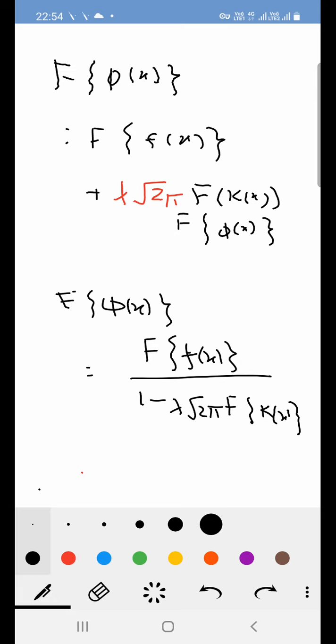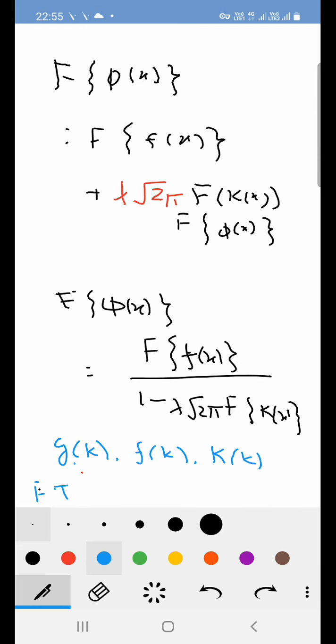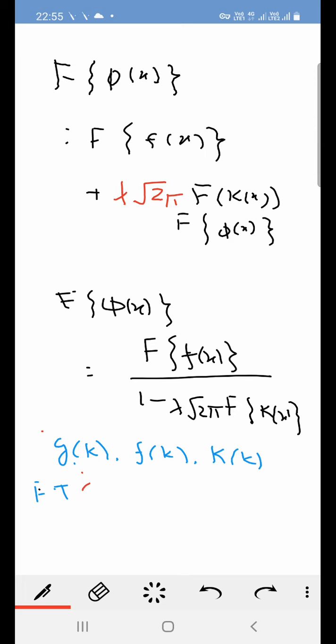Now in this case, if we have g(k), f(k), and K(k), if these represent the Fourier transforms of phi(x), f(x), and the corresponding K(x), then simply we can replace f(x), K(x), and phi(x) by their corresponding Fourier transforms.